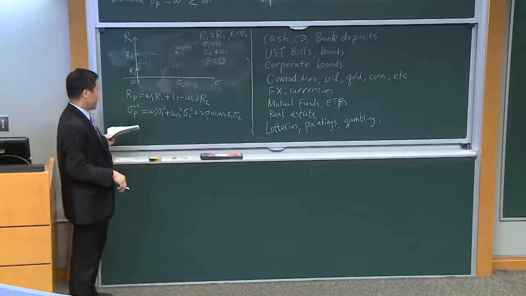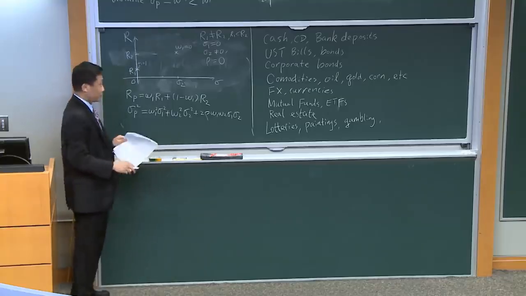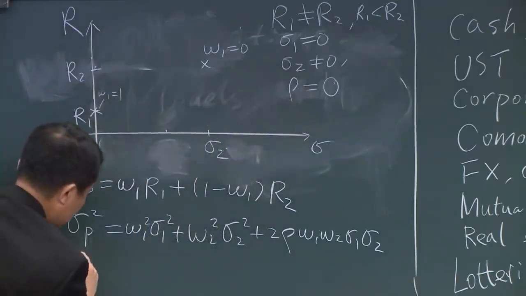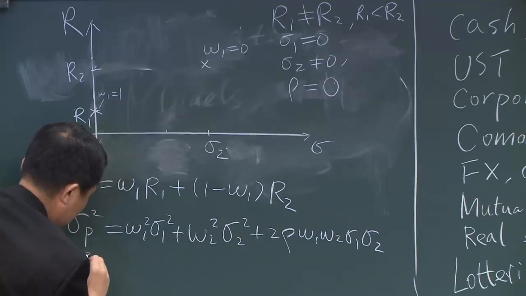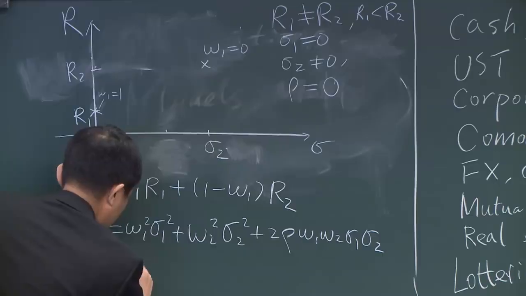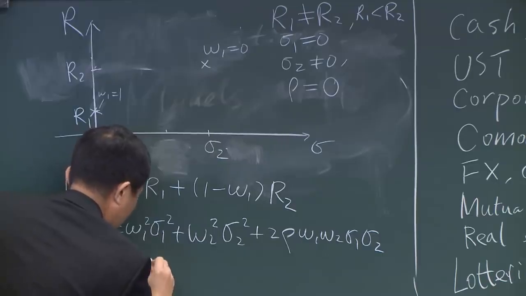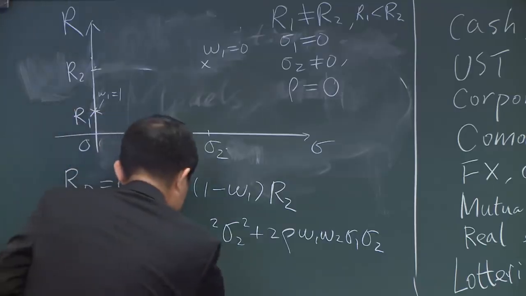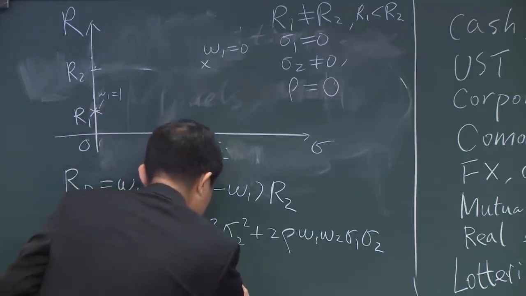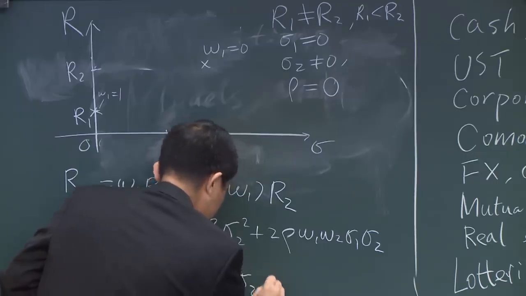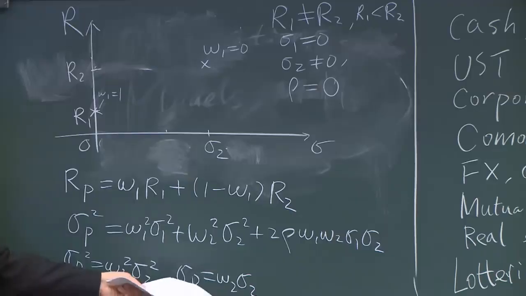Okay, this actually, let me just derive very quickly for you, right? Sigma 1 equal to 0, rho equal to 0. What's sigma p? And sigma p is essentially proportional to sigma 2 with the weighting.